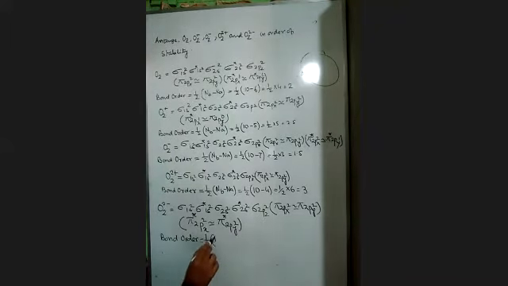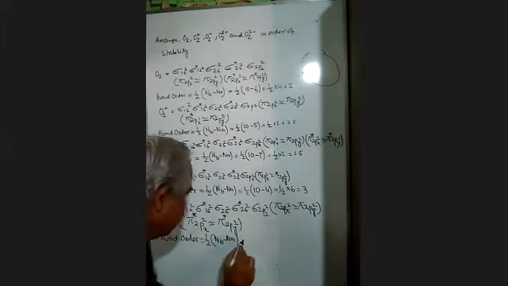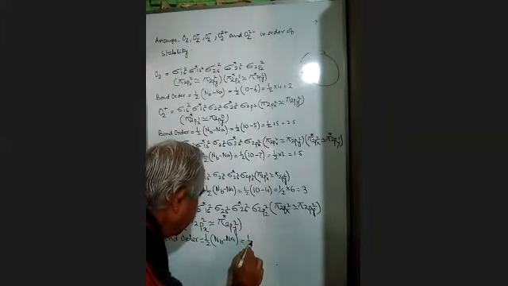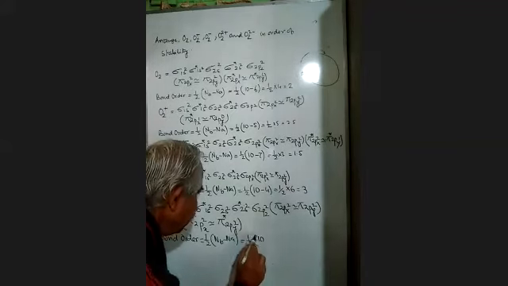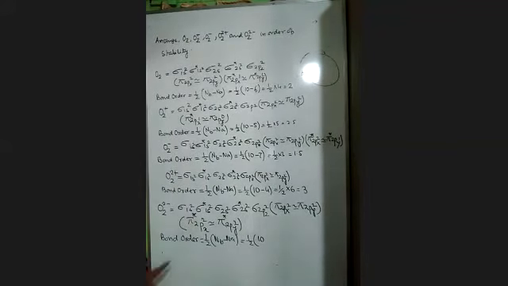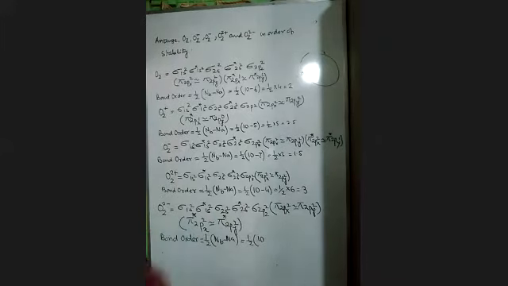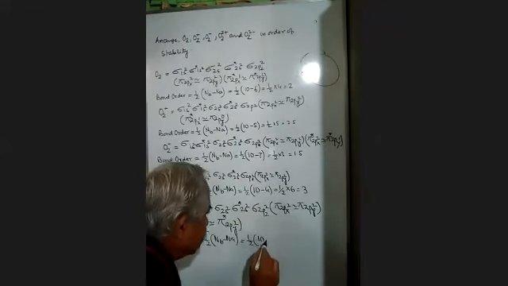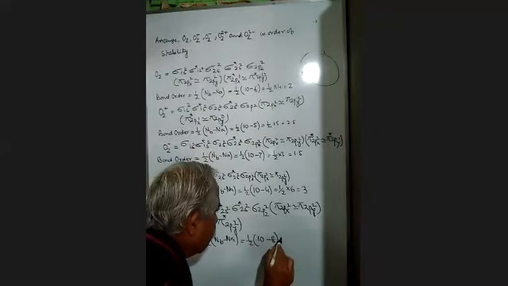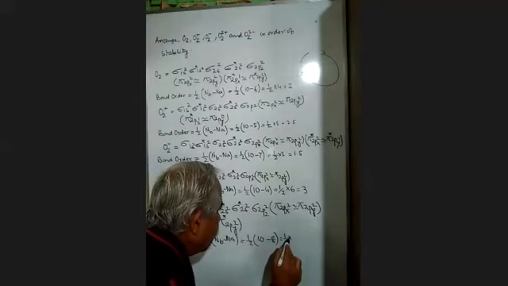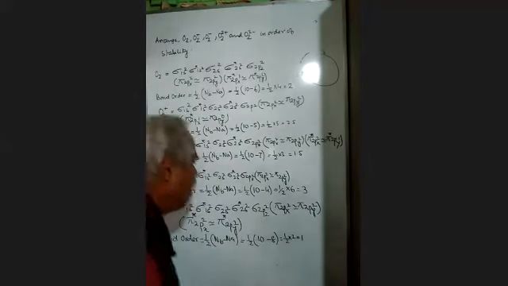Half NB minus NA. Then anti-bonding 2, 4, 6, 8. One.